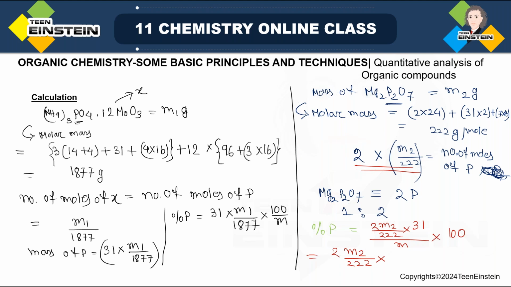You can multiply 31 and 2, so it will be 62 multiplied by M2 by 222, times 100 divided by M. So this is the final expression for the percentage of phosphorus.